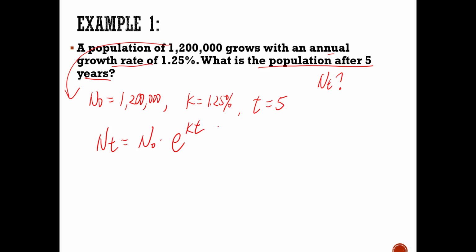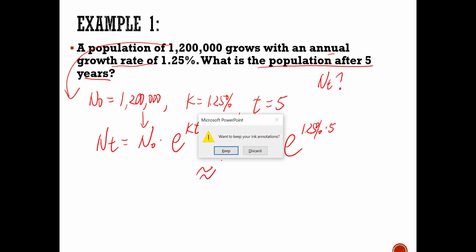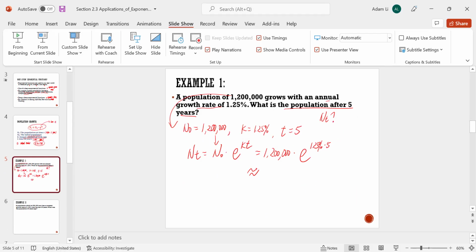And all we have to do is plug in all the numbers into the formula. N0, that's 1.2 million, 1,200,000, multiplied by e to the kt. k is 1.25%. You can turn it into a decimal or you can keep it as percentage. It doesn't matter. And again, we have to use a calculator or Excel to do this. Let me show you how to get this number right now in Excel.